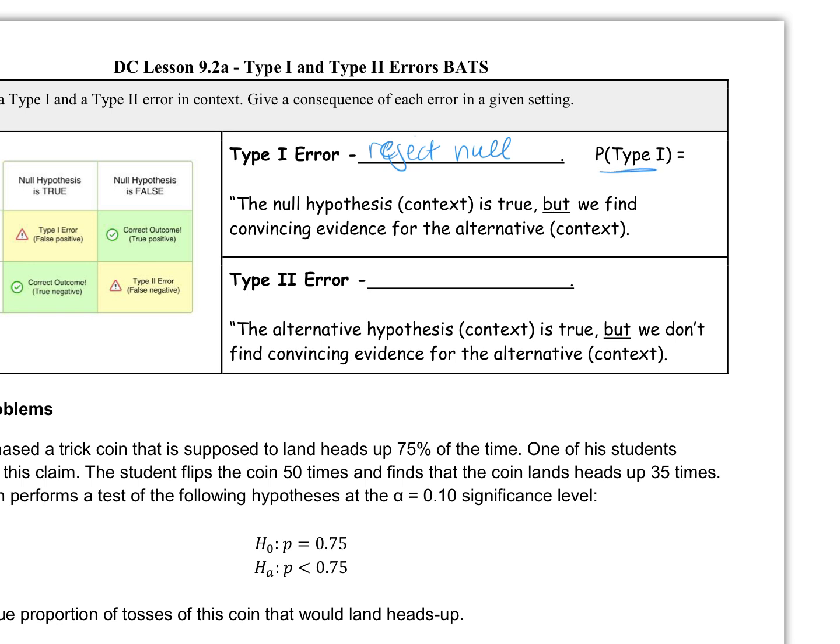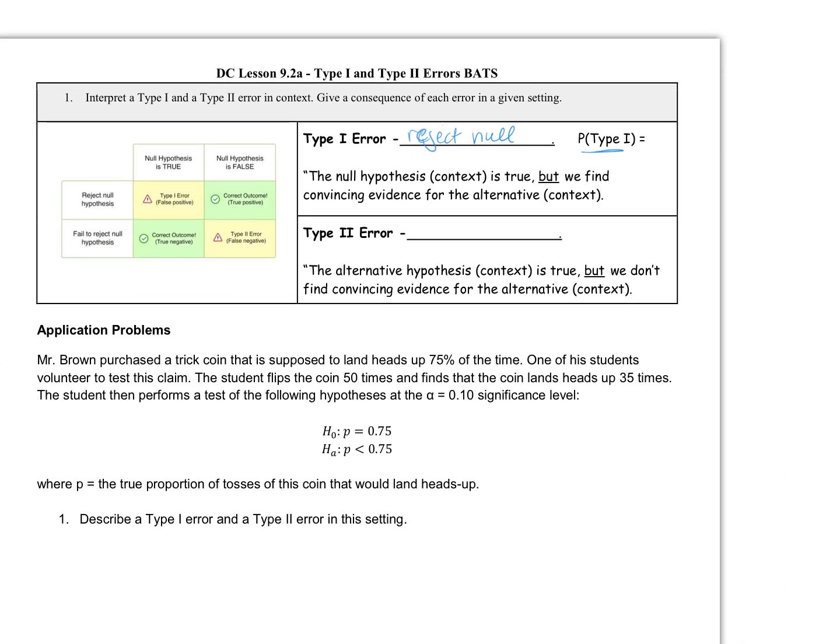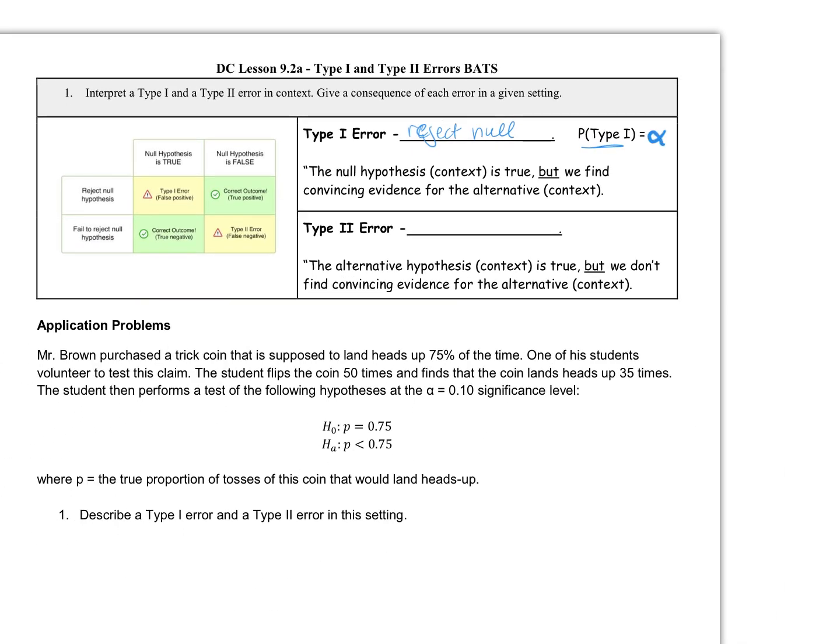The probability of a type 1 error is, do you remember what we said? The significance level, which we symbolize with a little fish, alpha. It's the Greek letter alpha. Not a fish. Type 2 error could be happening when we fail to reject. It's not a fish.